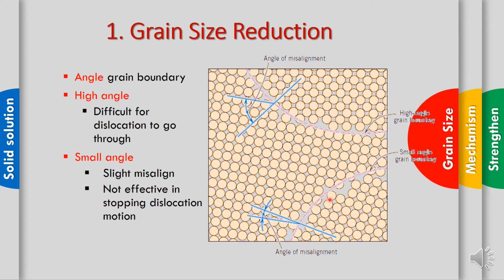And the second one, we have a small angle of misalignment that can be produced with two different orientations of grains, and it will produce a small angle grain boundary. A high angle is basically difficult for dislocations to go through, and for the small angle, we call it slightly misaligned, and it is not effective in stopping dislocation motion.